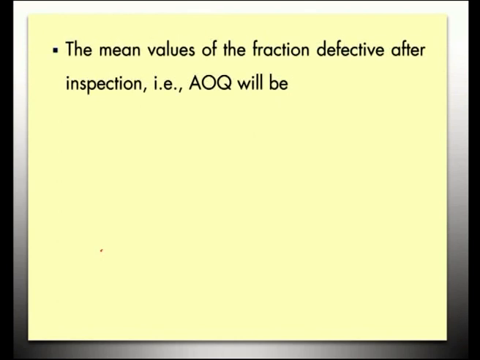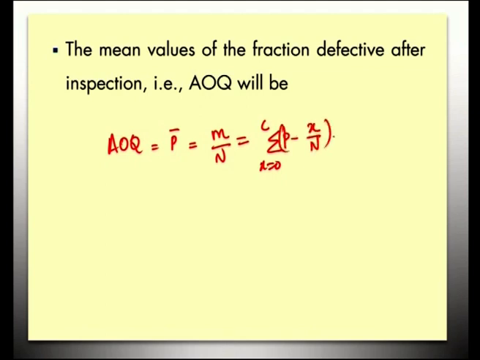So, the mean value of the fraction defective after inspection, that is AOQ, is equal to p bar, which is M divided by capital N, equal to summation X equals 0 to C of (p minus X by capital N) times Np C X times N minus Np C n minus X, divided by N C n.